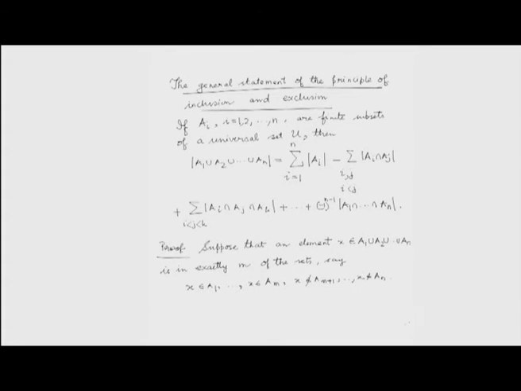So, I start by considering an element which is in exactly m sets, and without loss of generality I assume that x is in the first m subsets and strictly not in the other ones.